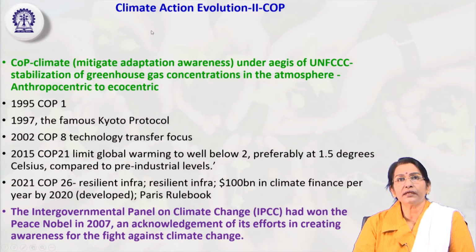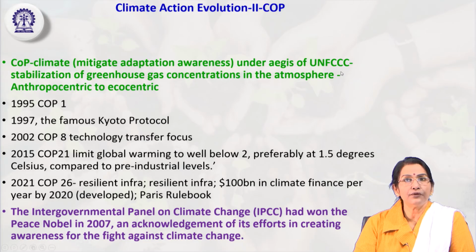Again, climate action evolution 2 is COP, climate mitigation, adaptation and awareness under the aegis of the UNFCCC, and stabilizing the greenhouse gas concentration in the atmosphere, anthropocentric and ecocentric. Extensive research has also been conducted from 1995 to 1997, from the Kyoto Protocol to technology transfer to 2015 global warming.